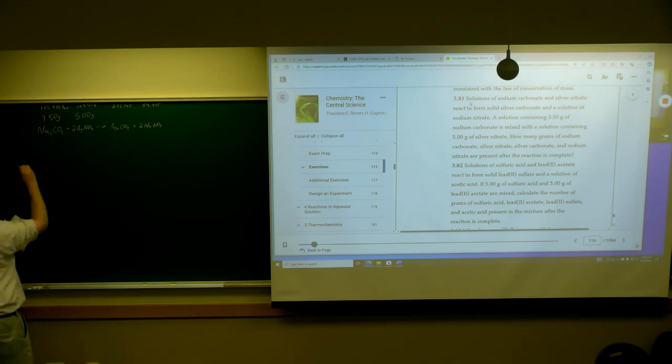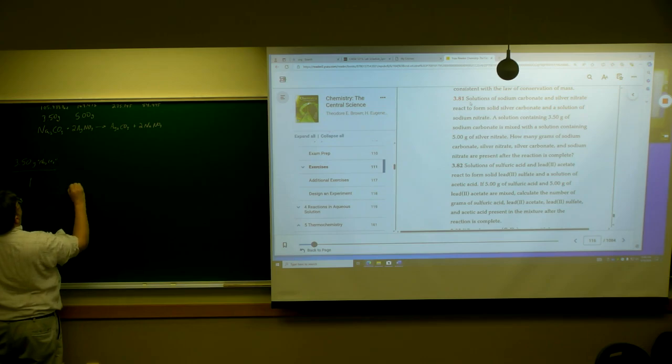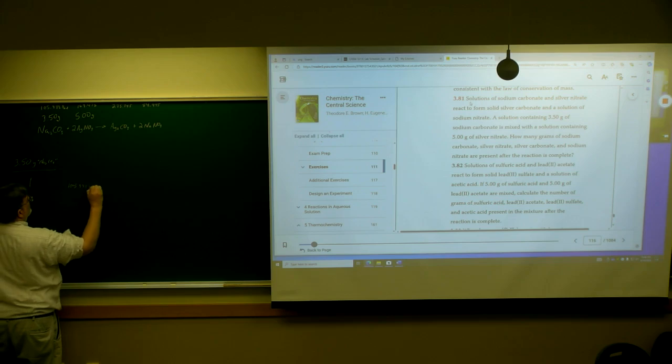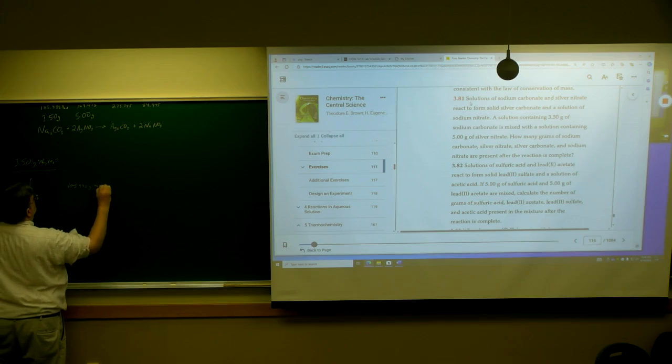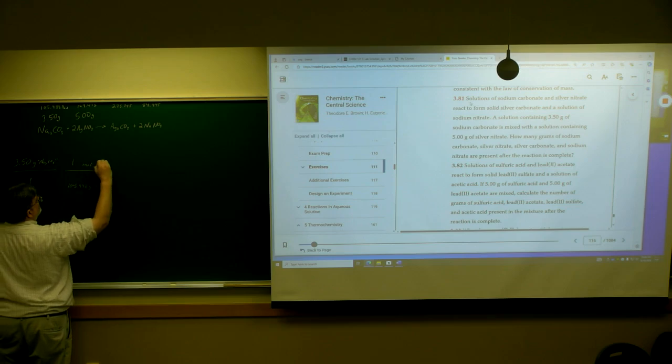So I'll just pick Na2CO3, 3.50 grams. Grams per mole for that. Grams. Sodium carbonate is 1 mole.